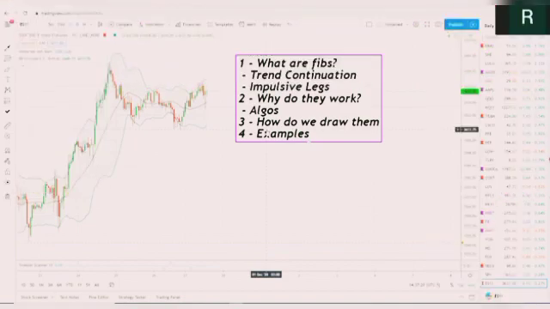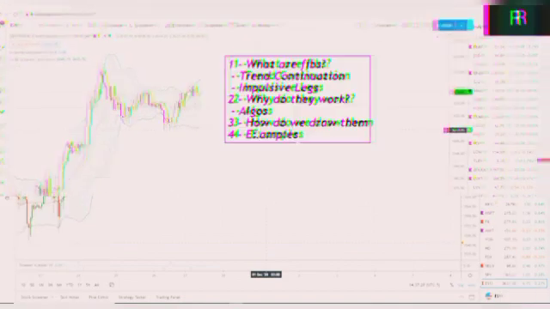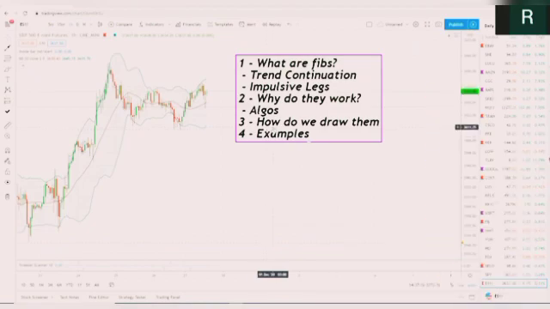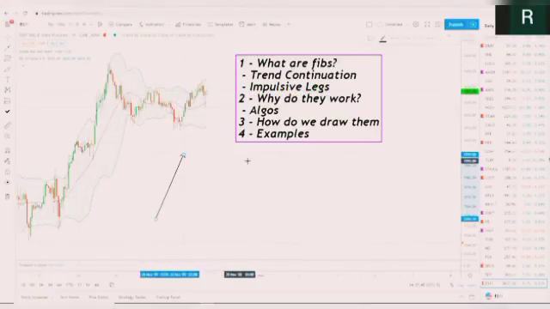All right. So we're going to start off first of all with what are fibs. So Fibonacci is retracements of a trend. Okay. So every trend must have an impulsive leg. What an impulsive leg means is a push either up or down in one direction, right?